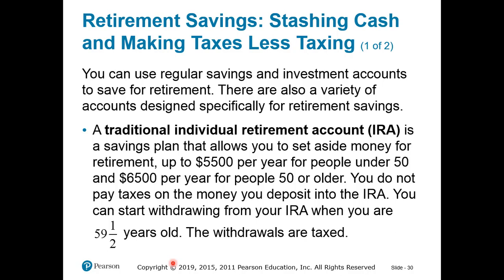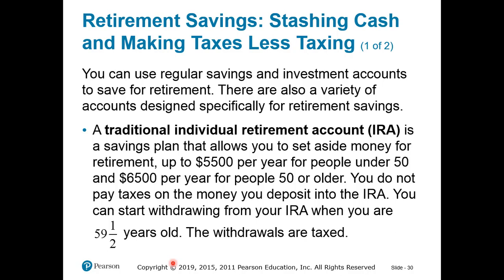Okay, now you can use regular savings and investment accounts to save for retirement. There are also a variety of other accounts that are designed specifically for retirement savings. We have what's called an IRA, which is a traditional individual retirement account.